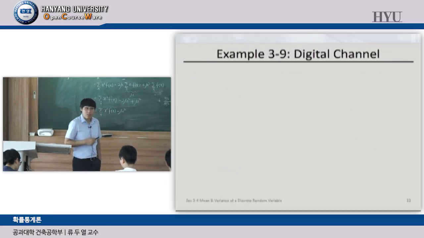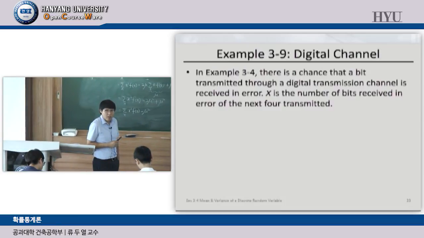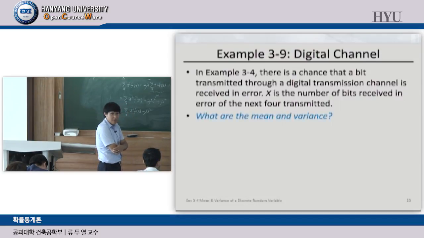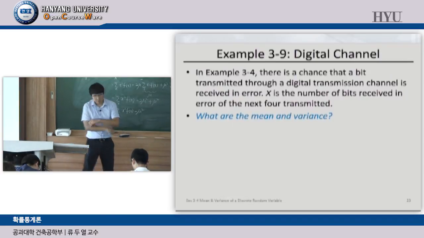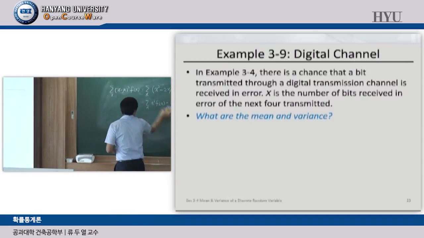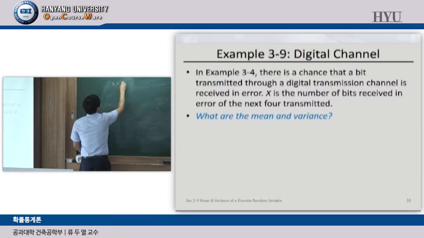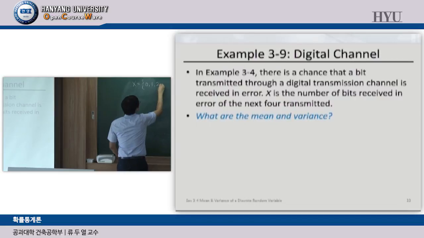And this is the example. In the previous example 3-4, there is a chance that a bit transmitted through a digital transmission channel is received in error. And x is the number of bits received in error in the next 4 transmitted. So what are the mean and variance in this case? So x can be 0, 1, 2, 3, 4, right?